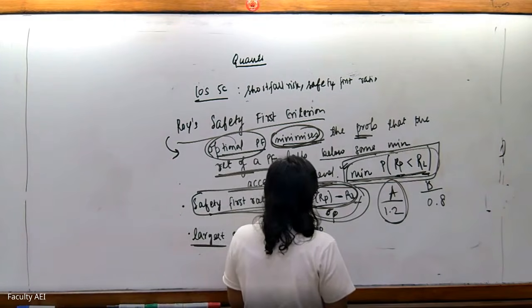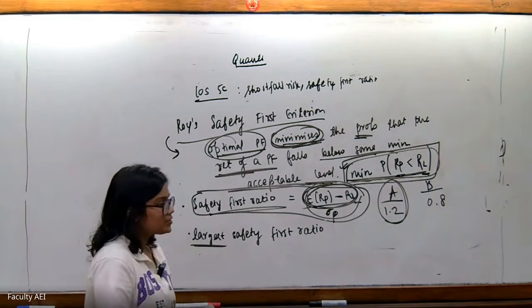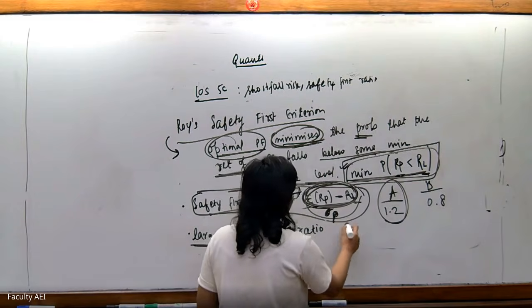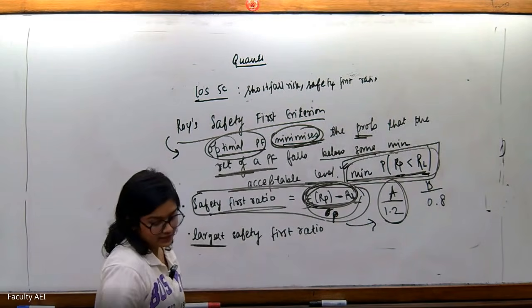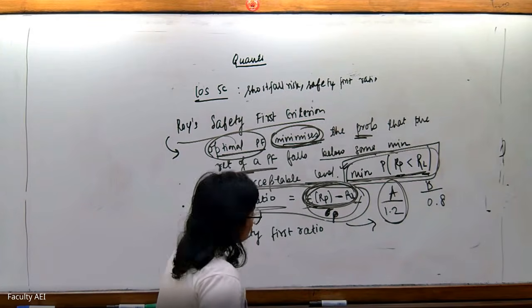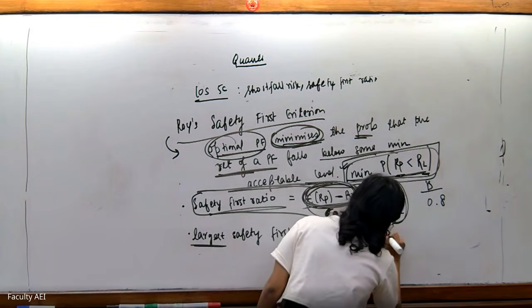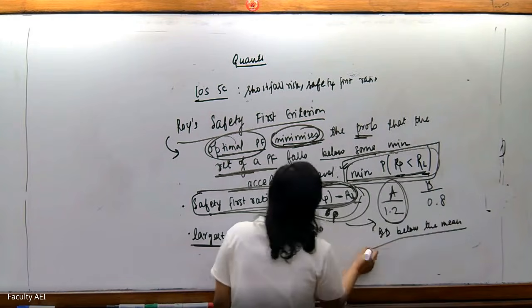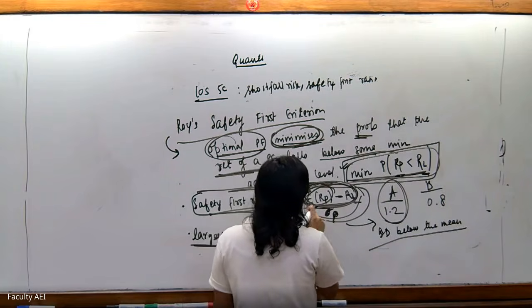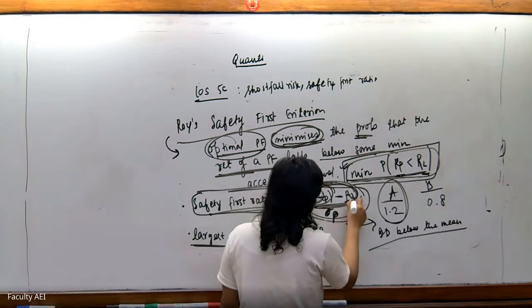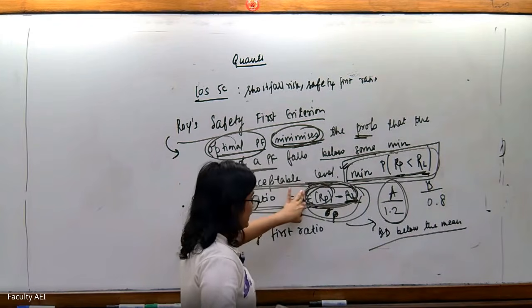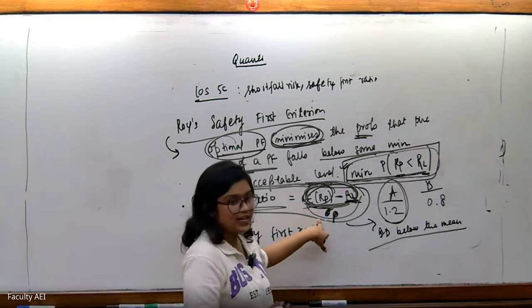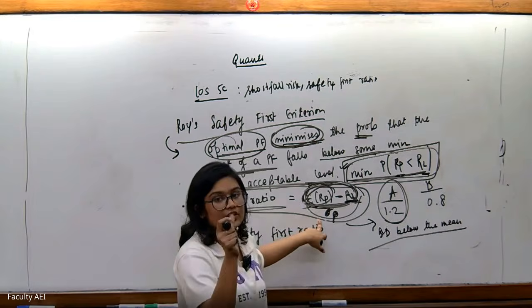When you are dividing something by the standard deviation, it means what? How many units is this return away from the mean? You're calculating how many standard deviations below the mean. Your expected return of the portfolio is your mean, and your minimum acceptable level, you find the difference and divide it by the standard deviation, which tells you how far away your acceptable level is from your expected value.